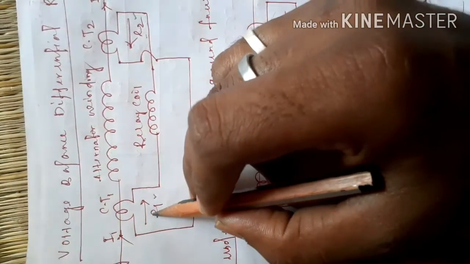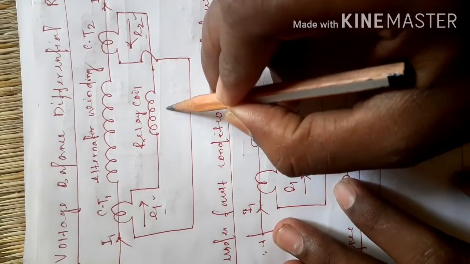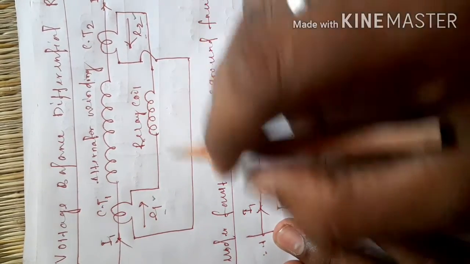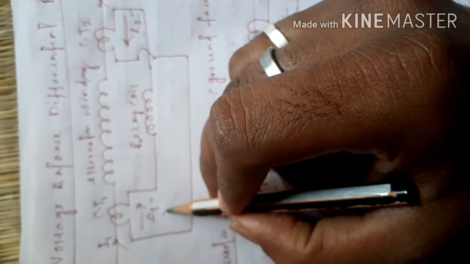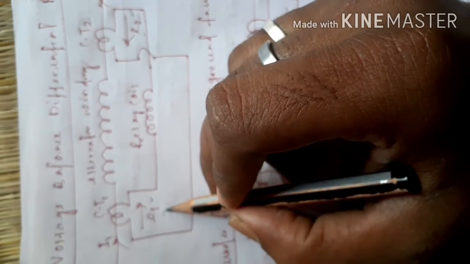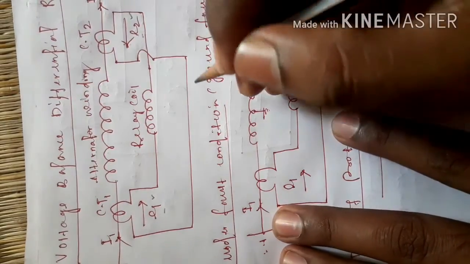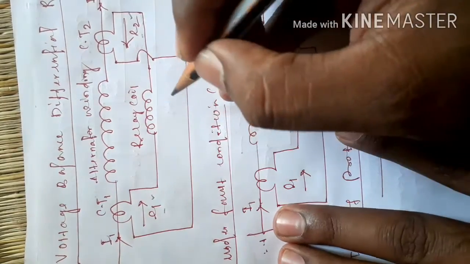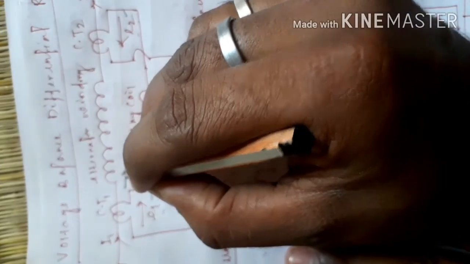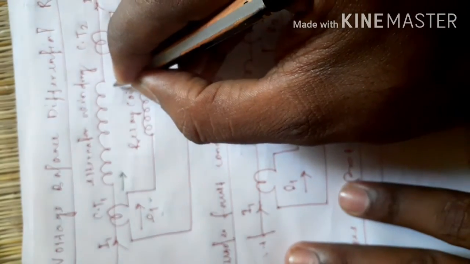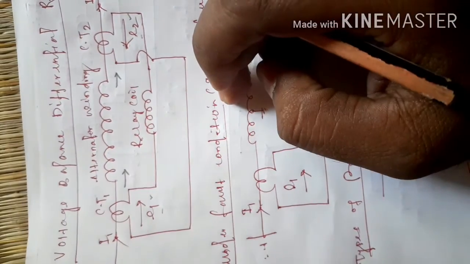These two CT secondaries are connected in series with the relay coil in such a way that the EMFs induced in the two CTs are opposite in polarity. Under normal operating condition, the amount of current incoming to the alternator winding is equal to the amount of current outgoing from the alternator winding.